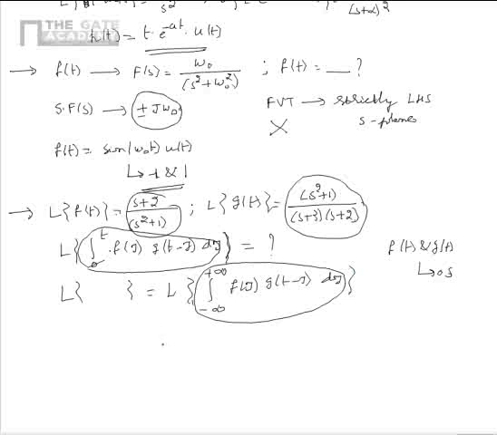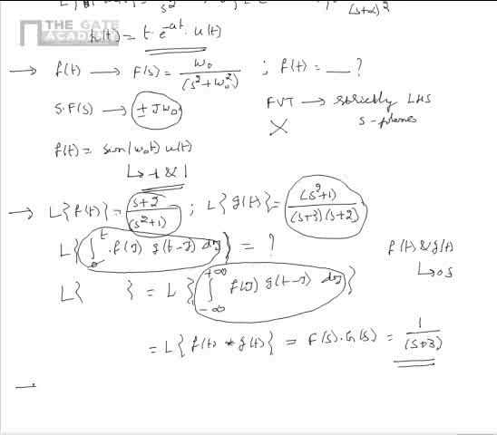So this can further be simplified as the Laplace transform of f of t convolved with g of t, which is equal to f of s multiplied by g of s, by using the properties of Laplace transform. Upon substitution, we get f of s multiplied by g of s as 1 by s plus 3. So this is the Laplace transform of the required function.